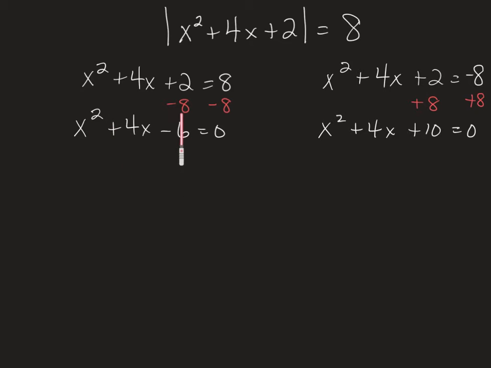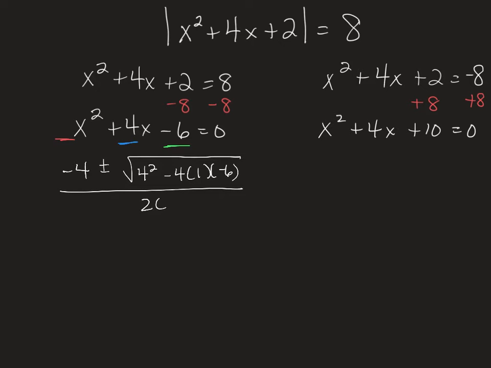When I'm looking at this one and I'm thinking about it, it is not factorable. So I'm going to have to do the quadratic formula. A, B, C. So it is negative 4 plus or minus the square root of 4 squared minus 4 times 1 times negative 6, all over 2 times 1.